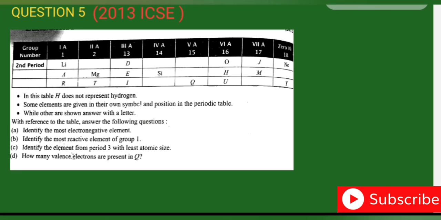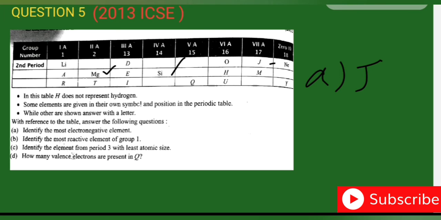Okay, you can see magnesium given in its original name, silicon, and other elements replaced by simple alphabets. With reference to the table, answer the following questions. Identify the most electronegative element. That is group 17, and the first element is the most electronegative element, and that is your J. So part A, answer is your J.